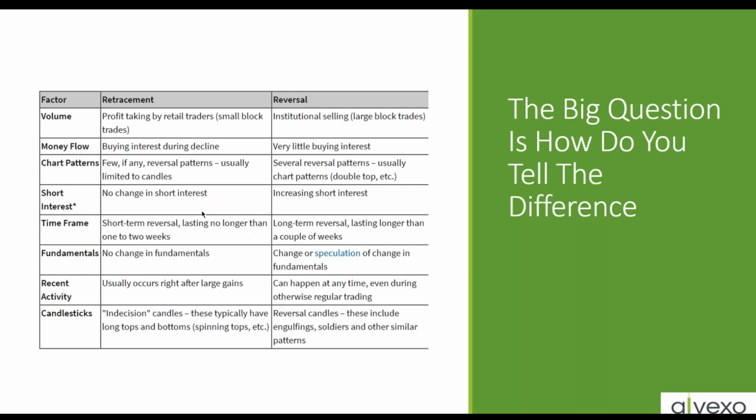And fundamentals: we're always concerned with what's happening in the economic news headlines, because they can screw up the markets, but they're not going to really tell us whether we have a retracement or reversal.